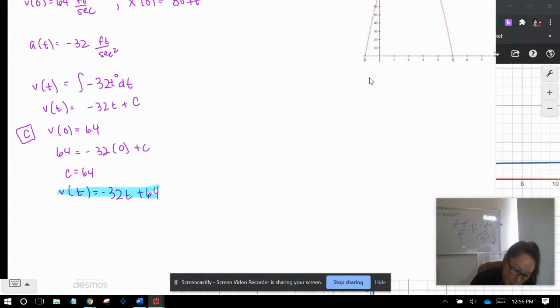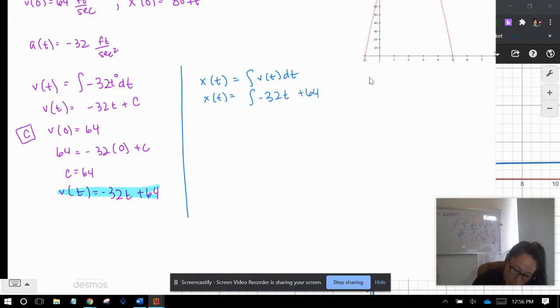So the next part is for me to find x of t. x of t is going to be the integral of v of t dt. So x of t is equal to the integral of negative 32t plus 64 dt.